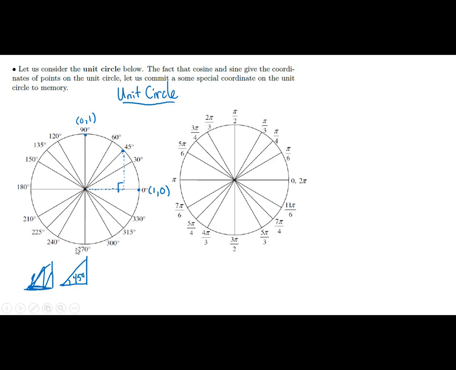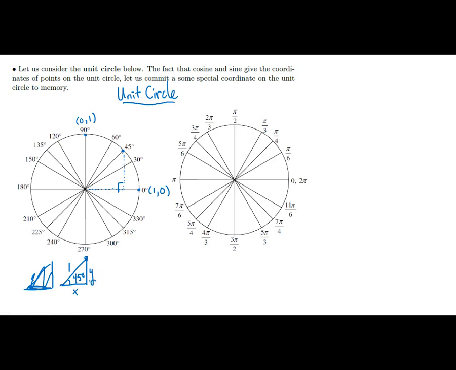All right, 45 degrees. I know that the hypotenuse of that triangle is 1, because that hypotenuse corresponds to a radius, the distance from the origin to the edge. Here I can mark this as my x value, and here I can mark this as my y value of my point.